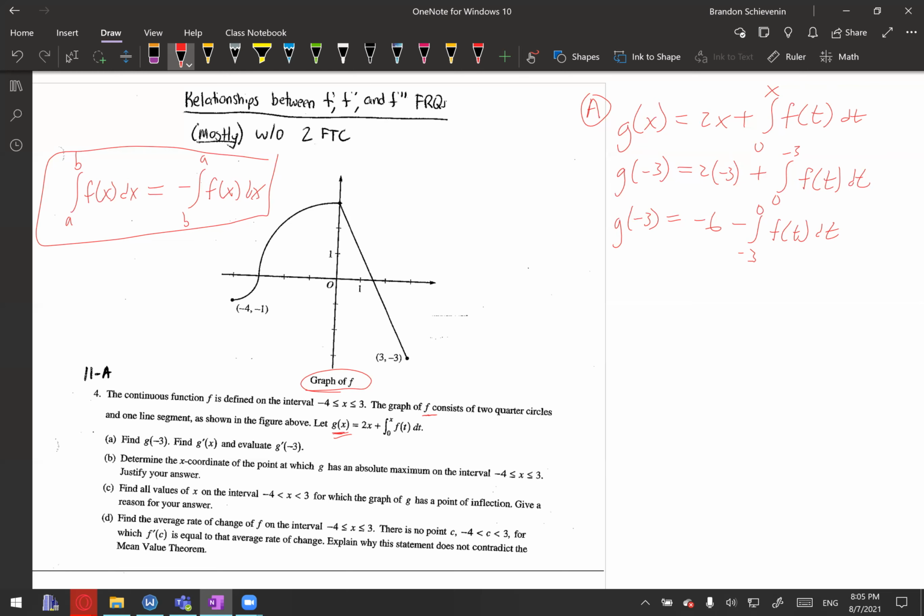I'm not sure. Okay, I'm going to open up to anyone. How can we find the integral from -3 to 0 of f of t?